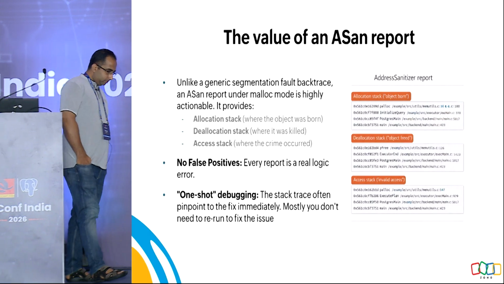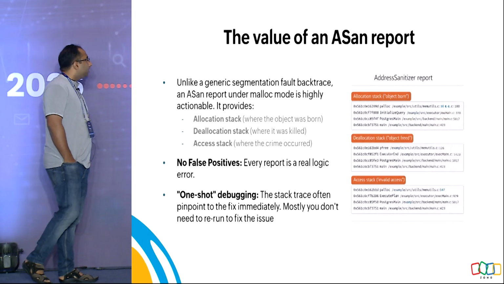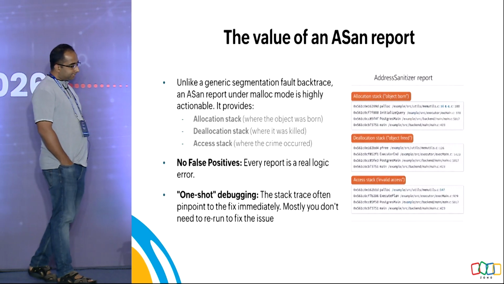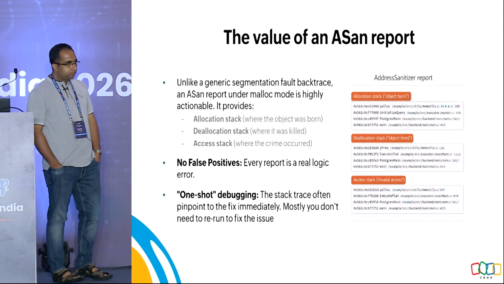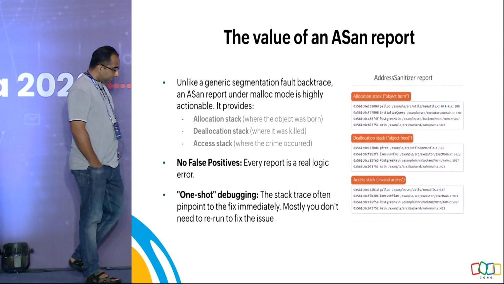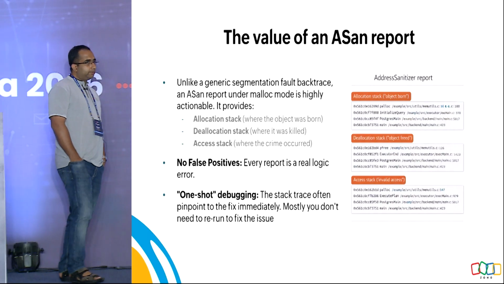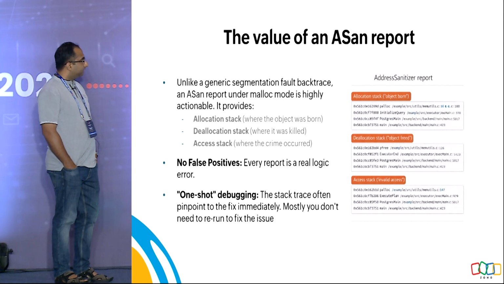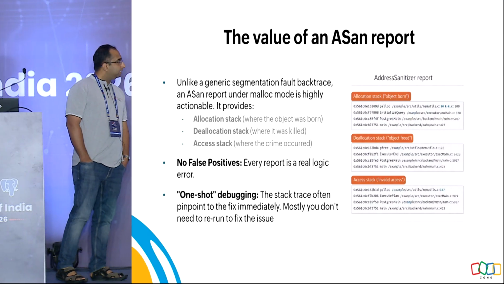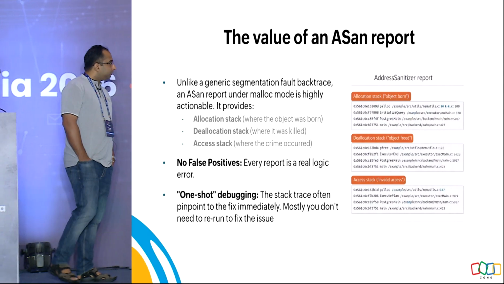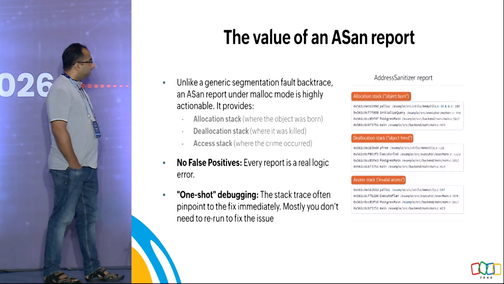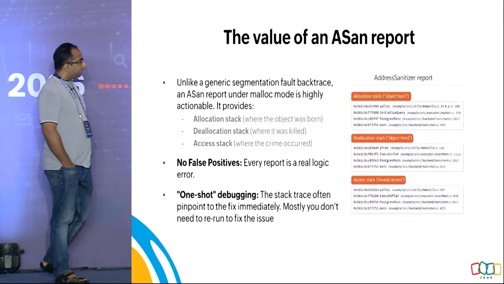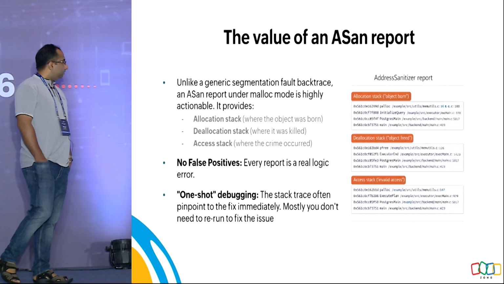So now I would like to discuss why AddressSanitizer output is very valuable. In case of a generic segmentation fault, you know something bad has happened and you get a stack trace. But in case of an ASan report, you get three detailed pieces of information: the allocation stack, the deallocation stack, and the access stack, showing exactly where the allocation happened, where the deallocation happened, and where the problem happened.